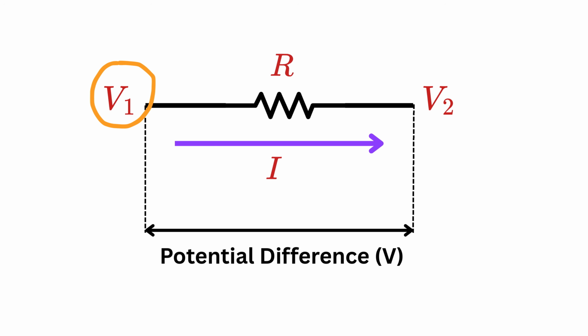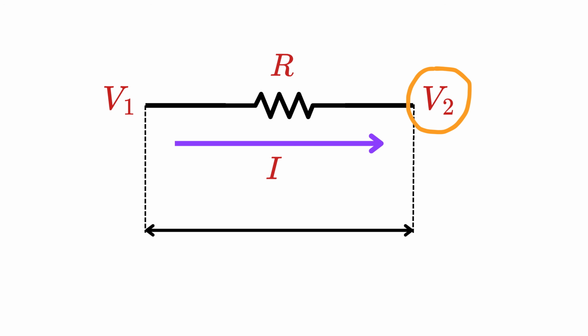And if the left side is at V1 and the right side is at V2, then the potential difference in volts is simply V equals V1 minus V2.